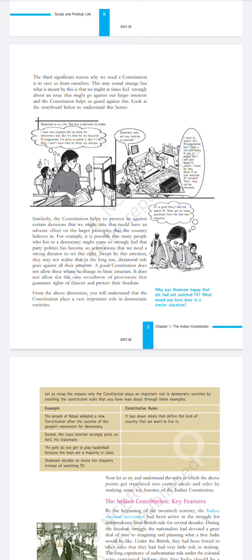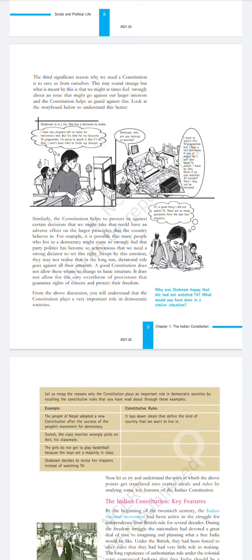Swept by this emotion, they may not realize that in the long run, dictatorial rule goes against all their interests. A good constitution does not allow these whims to change its basic structure. It does not allow for the easy overthrow of provisions that guarantee rights of citizens and protect their freedom.